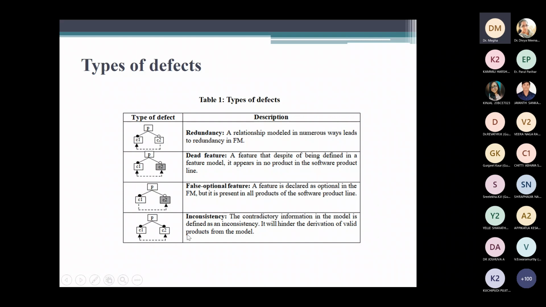But due to this exclusion relationship, they both cannot be part of the same valid product at the same time, which means only one can be. So this is a contradiction, a conflict. The contradictory information in the model is defined as an inconsistency. It will hinder the derivation of valid products from the model. So that's all about the types of defects that have been considered in this work.